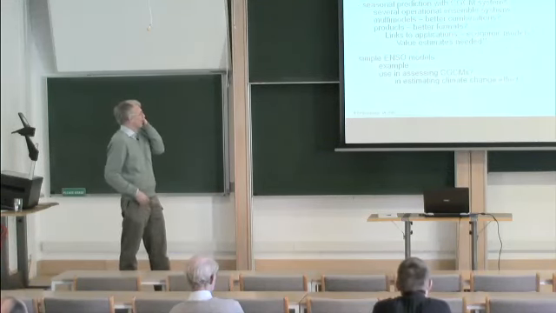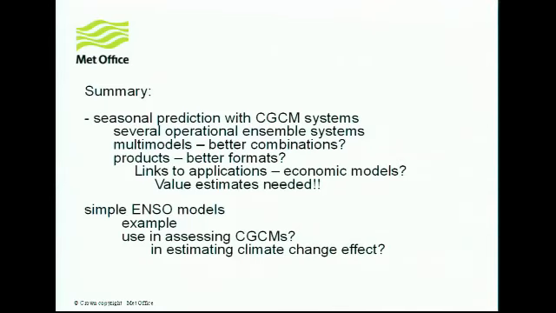All right, my time is up, so let me just summarise what I've been telling you about. I wanted to give some sense of where we are with seasonal forecasting systems, in the sense that they make use of general circulation models in much the same configuration as they're used in climate model predictions.